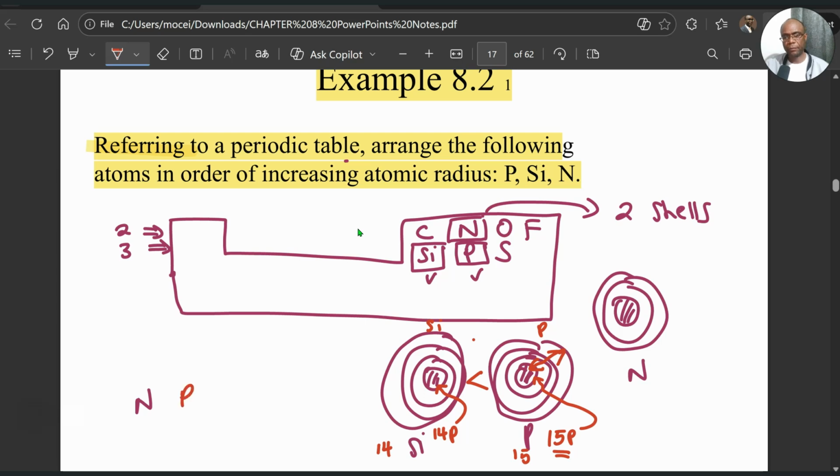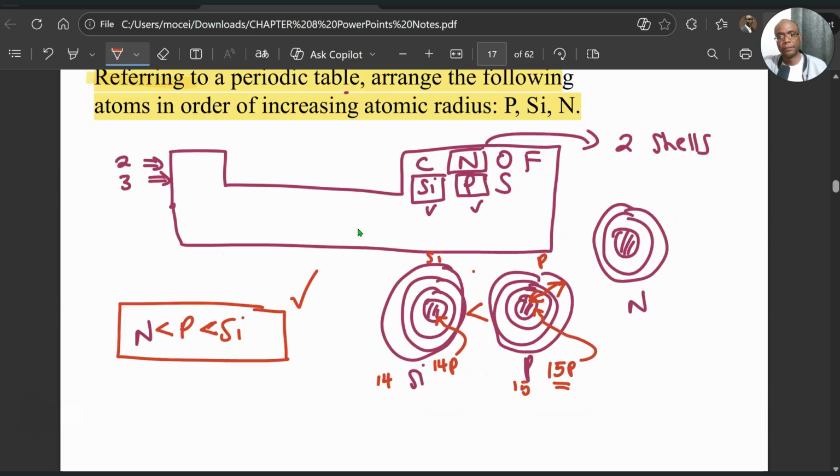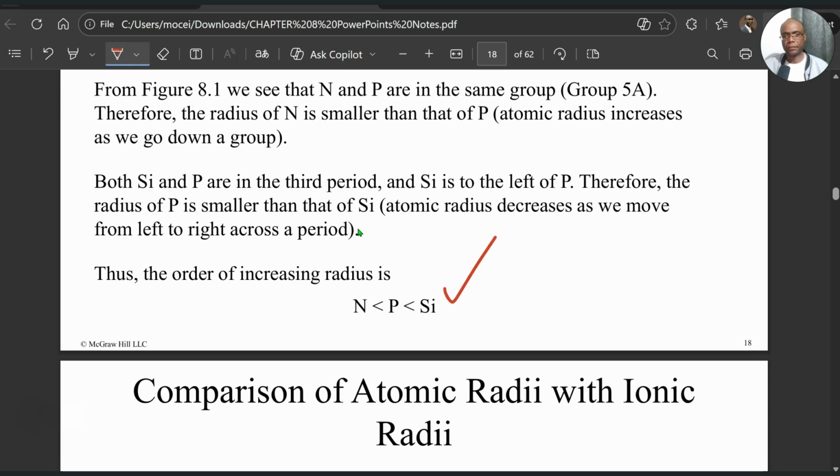So I'll go N, P, Si. Nitrogen is less than phosphorus. Phosphorus is less than silicon. That is the trend exactly. That's the order. So we judged nitrogen and the rest, knowing that nitrogen has 2 shells. The rest have 3 shells.